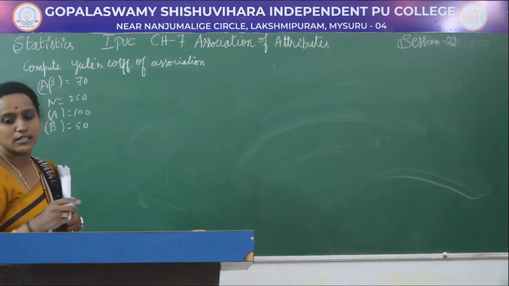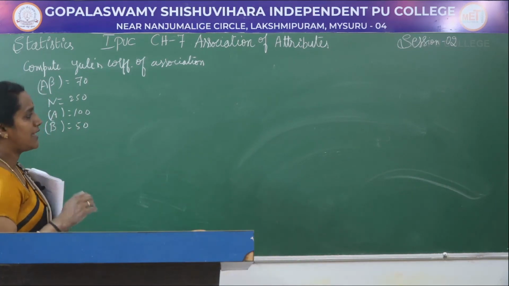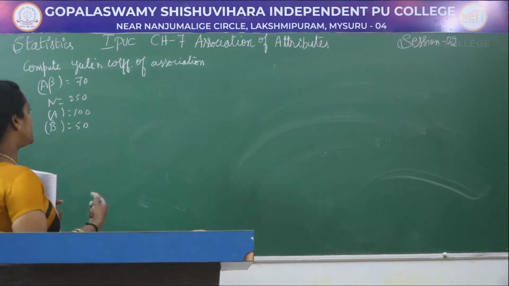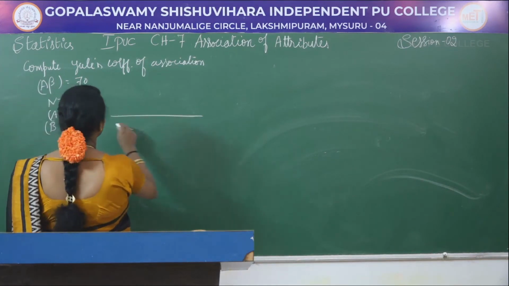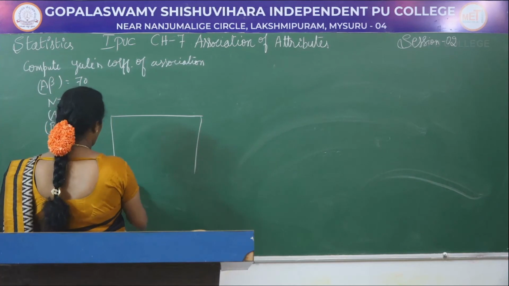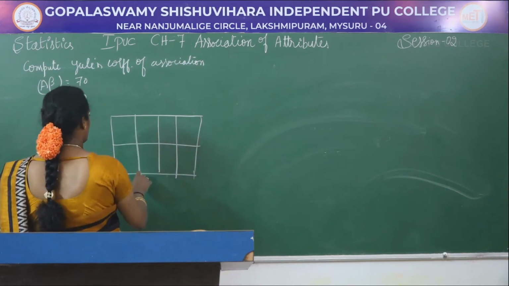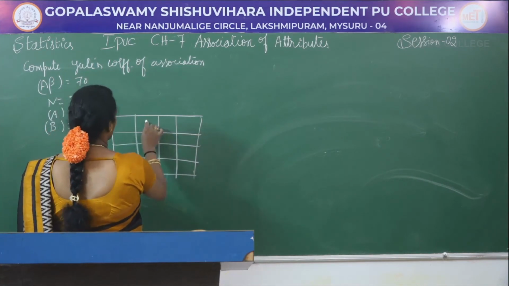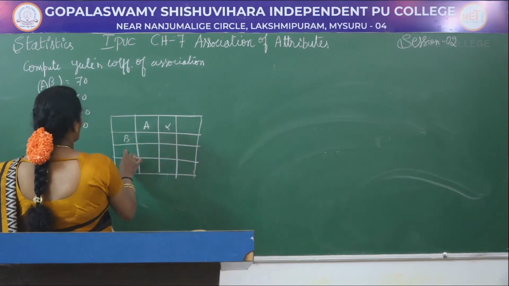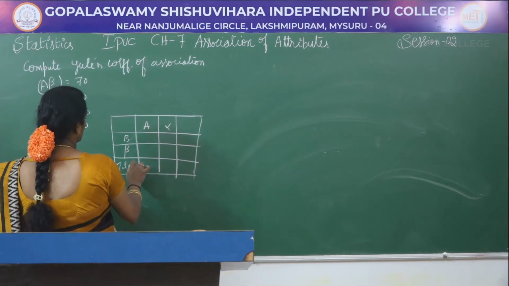First, let us complete the table, then we will move for the calculation. A, alpha, B, beta, total.